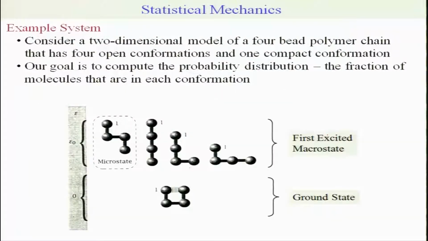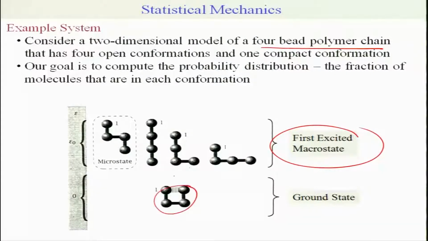Let us consider this two-dimensional model of a 4-bead polymer chain. This is a 4-bead polymer chain in different conformations. We can categorize these conformations into two types. One is the open conformation, which is the first excited state, and the second is the closed conformation, which is the ground state.